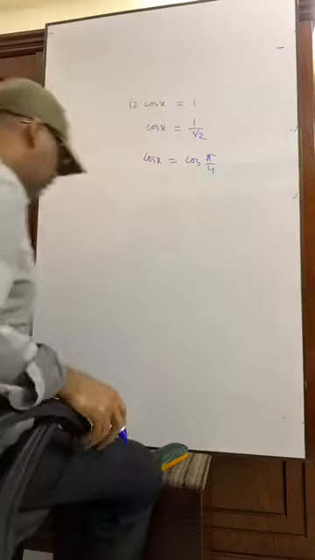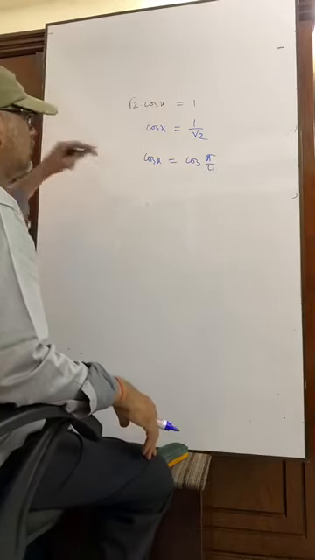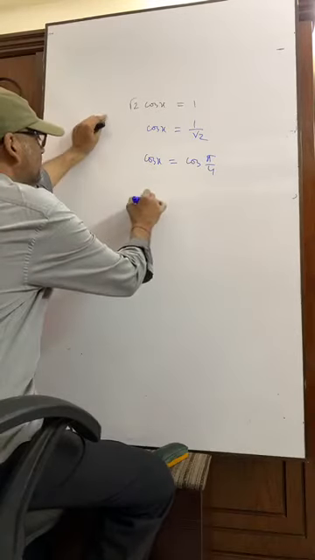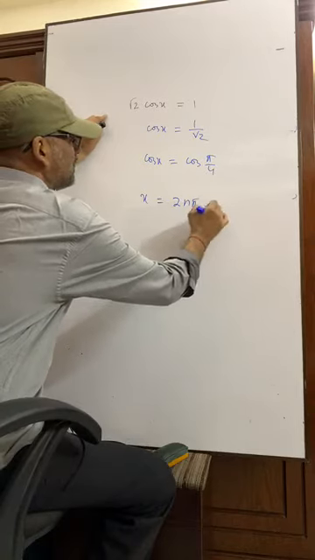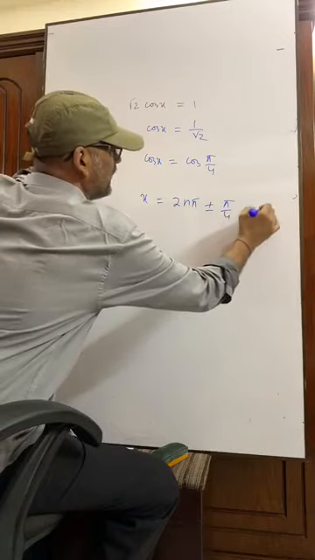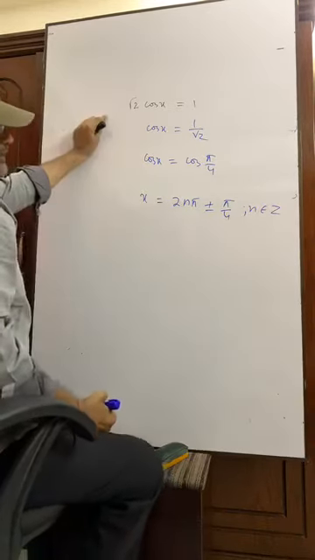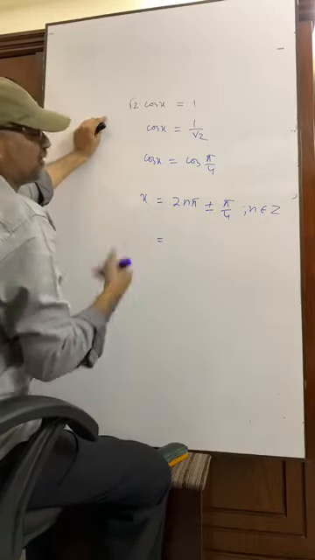Cos theta equals to cos alpha. So theta equals to 2n pi plus minus alpha, where n belongs to z. That means we can calculate it, or it's our result.